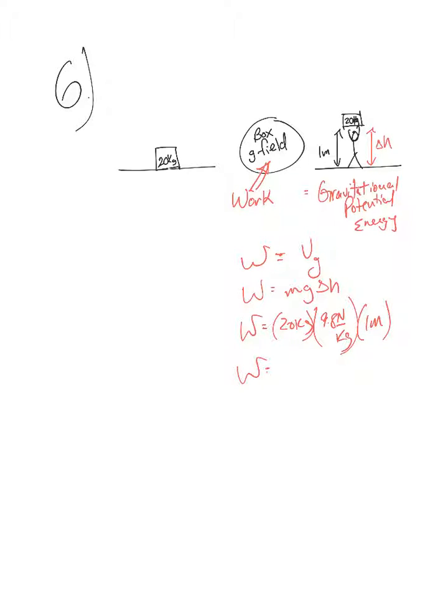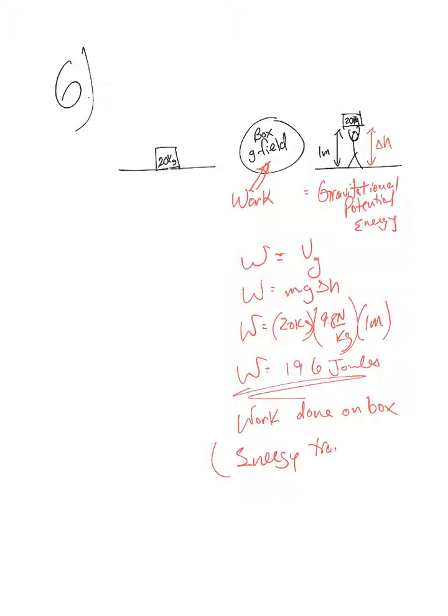And notice I get 196 joules of work were done on the box. 196 joules of work. So this is the work done on the box. And it's also the energy transferred to Earth's gravity field.